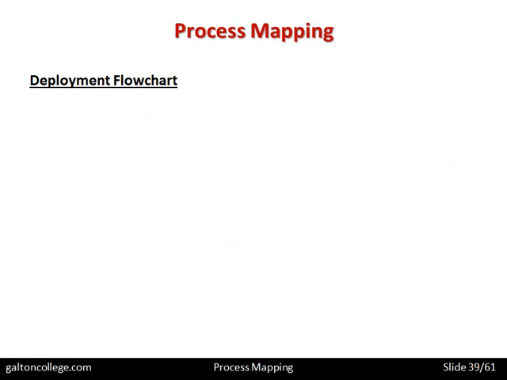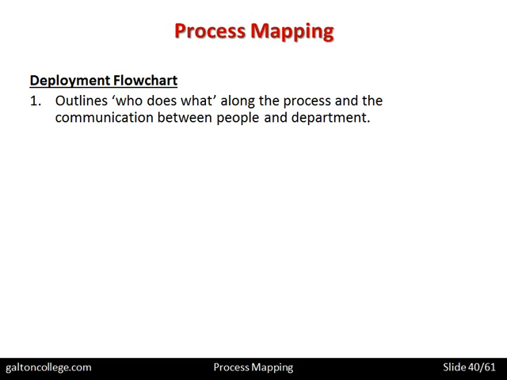Now the second type I said earlier was called deployment. Deployment means allocating resources to particular tasks. It outlines who does what along the process and the communication between people and departments.